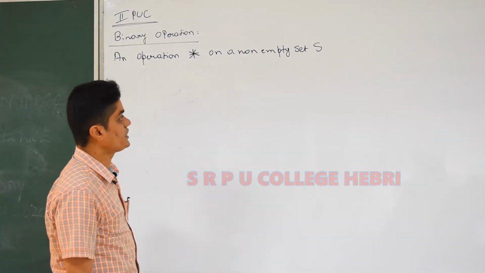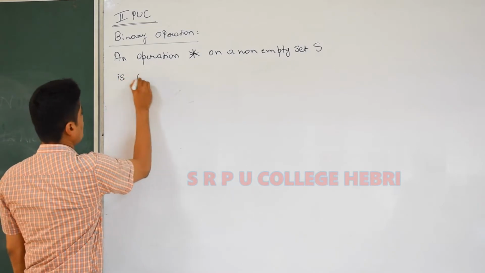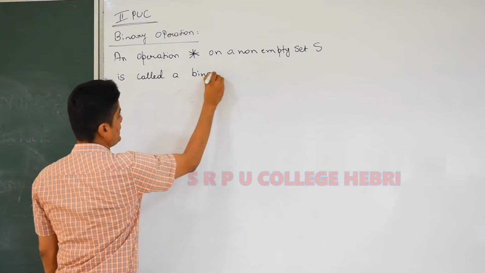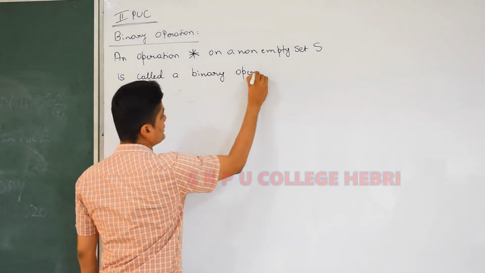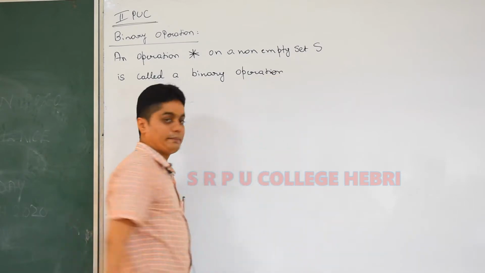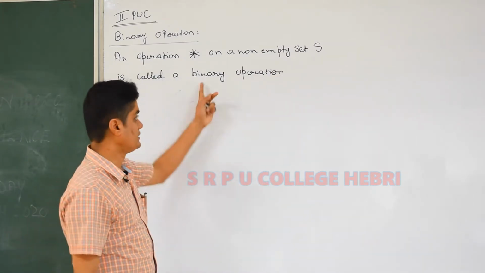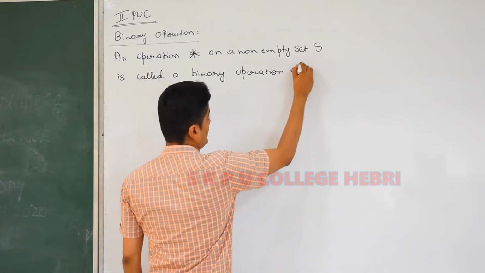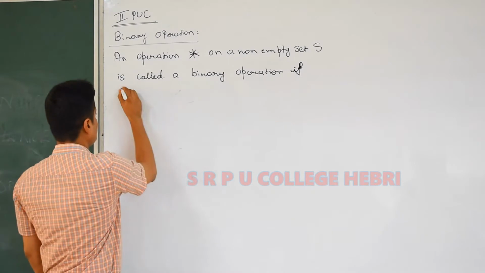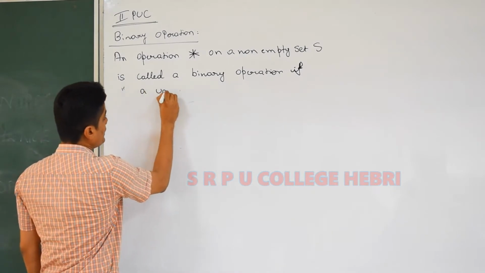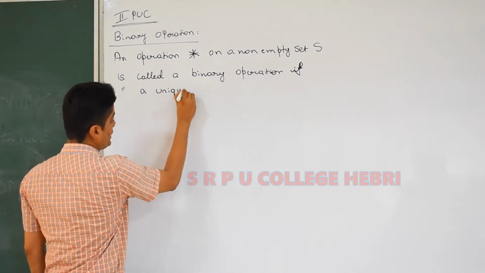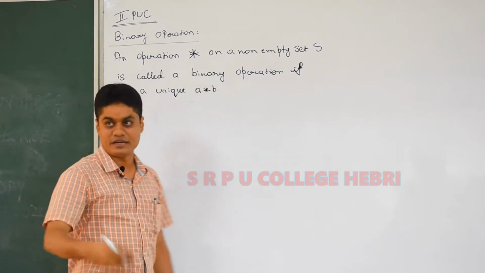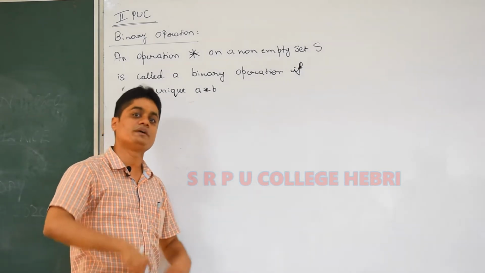An operation star on a non-empty set S is called a binary operation. Binary means two, right? So an operation between two elements is called a binary operation if this condition is important: a unique A star B belongs to S for all A, B belongs to S. That star can be addition, subtraction, multiplication, division, or maybe something other than that also.